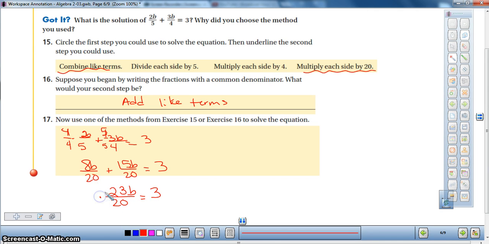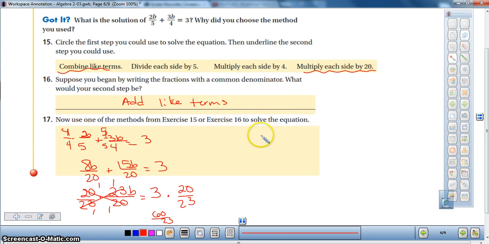We are going to multiply on both sides by the reciprocal in order to solve for b. The reciprocal of 23 over 20 is 20 over 23. That would give us a 1 on this side. And on this side we are also going to multiply by 20 divided by 23. Our solution will be 60 over 23.